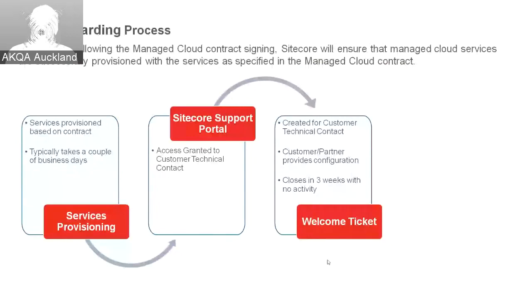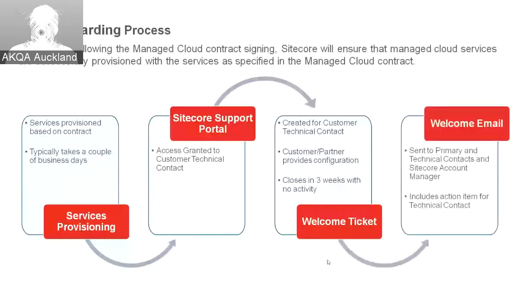At the same time, you'll get the welcome email from them. Because as a partner, you know how the support portal works, but as a client, you don't know how it works. So what they do is they send an email to the client and ask them to log into that particular system, check the tickets and fill all the details they want.